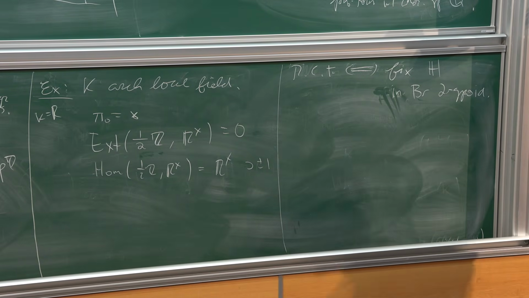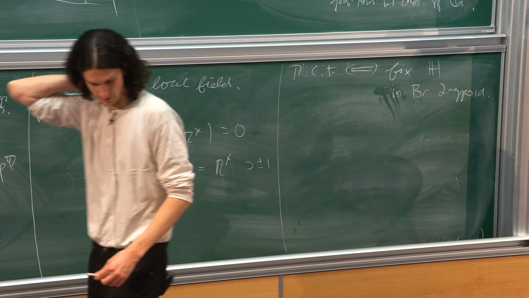So the Brauer 2-groupoid: central simple algebras are the objects, Morita equivalences are the isomorphisms, and natural isomorphisms between Morita equivalences are the 2-morphisms.